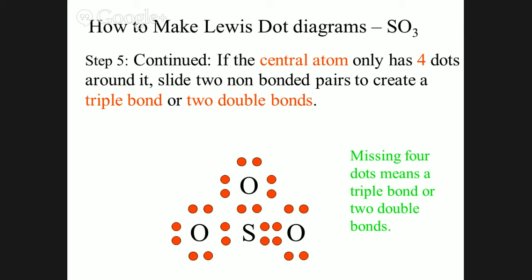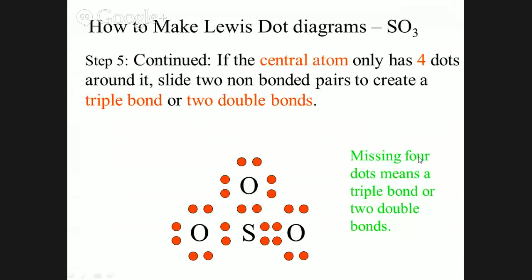If the central atom had only 4 dots around it, then we would have to slide 2 non-bonded pairs and create a triple bond, or we also have the option of creating 2 double bonds. Now, we did not have to in this case because we were not missing 4, but one of the things you can do is you are counting up your dots and you put them around the external atoms.